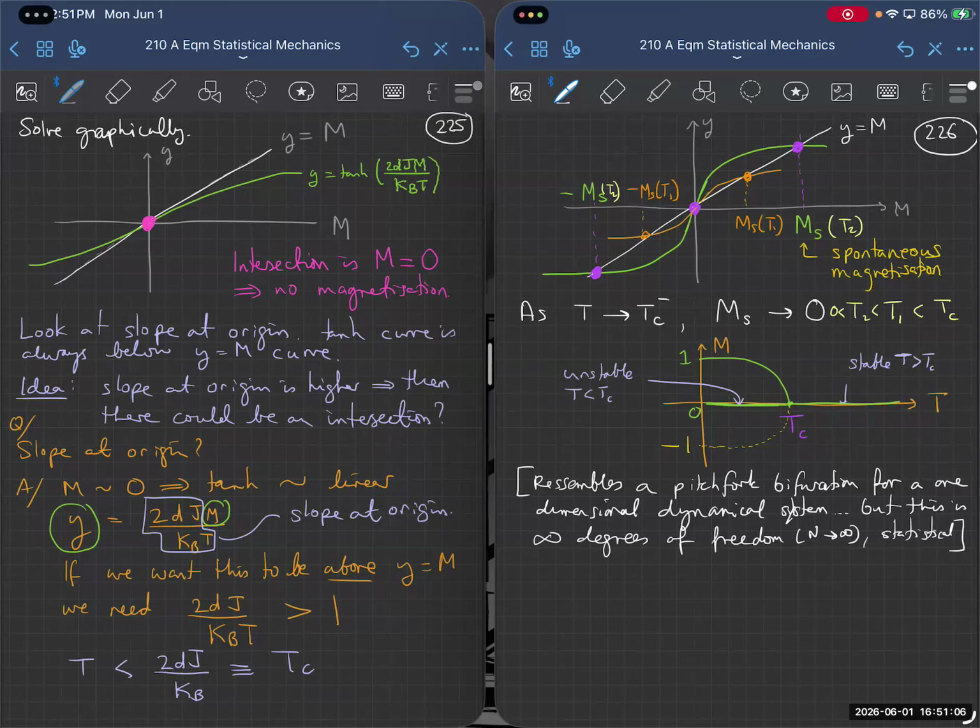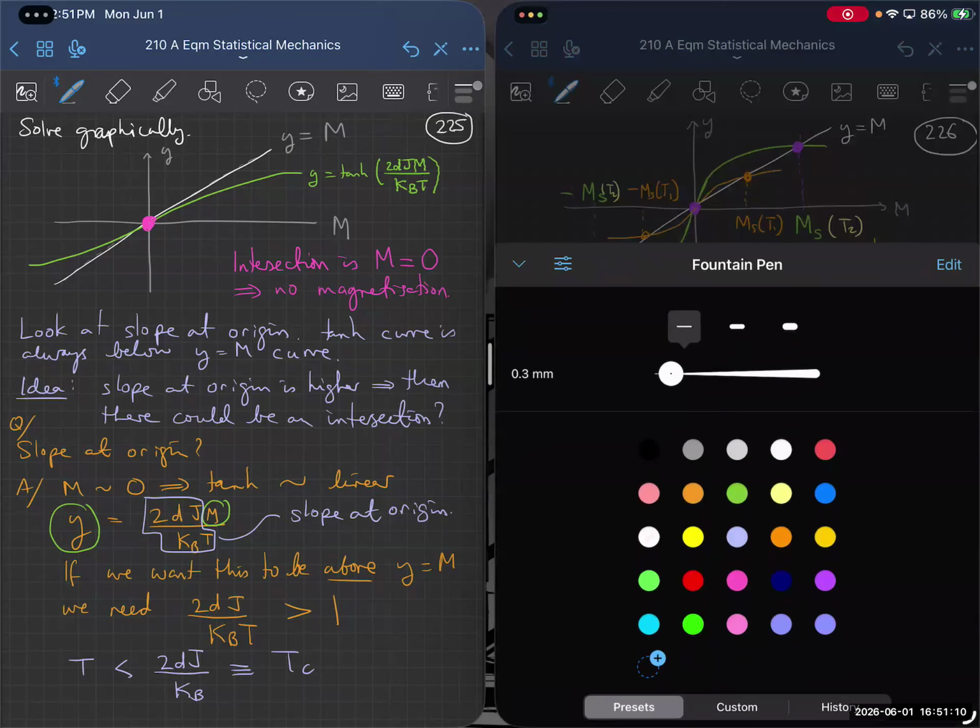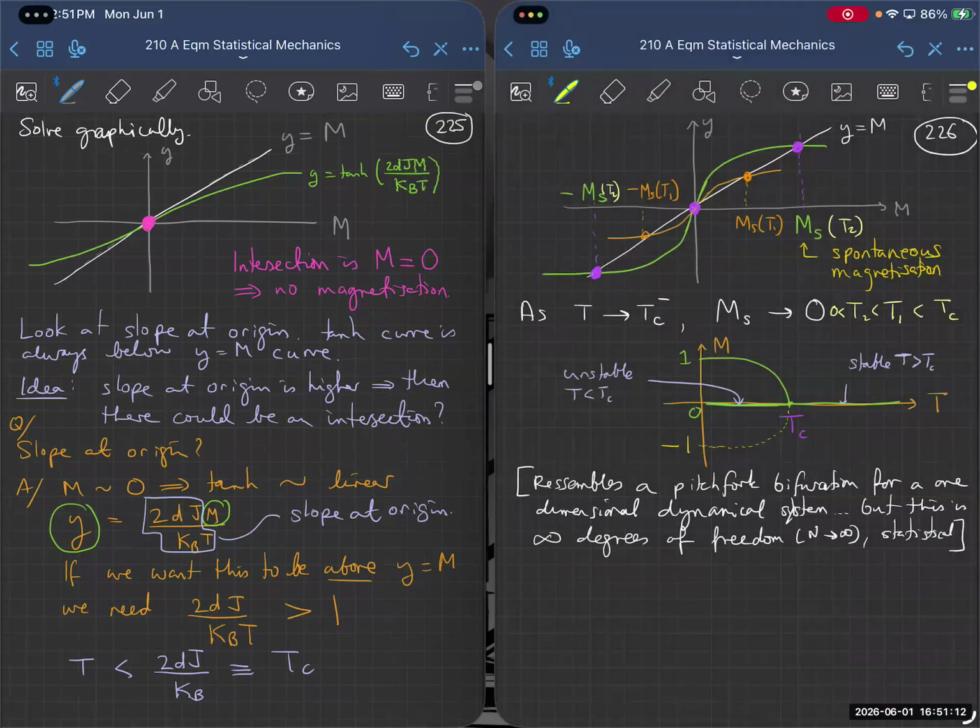And the instability that I drew for t less than Tc, it is unstable, but it's thermodynamically unstable, not linearly unstable like it would be if this was a pitchfork bifurcation. So this unstable behavior is thermodynamically unstable.